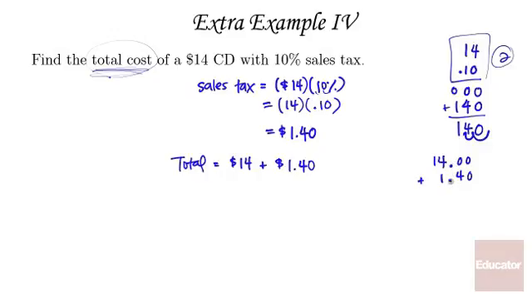The two are lined up like this, and all the rest of the numbers are aligned also. So this is 0. This is 4. Bring down the decimal point. 4 plus 1 is 5. 1, bring it down. So how much am I paying? $15.40.